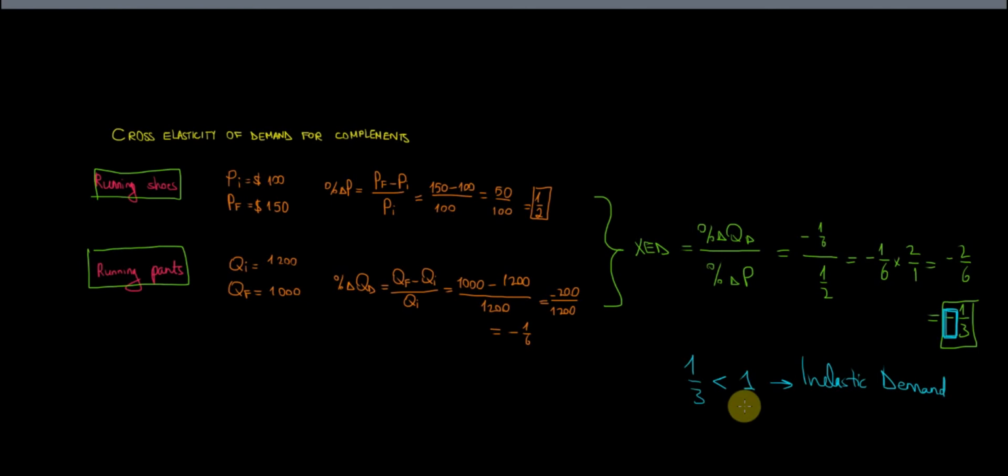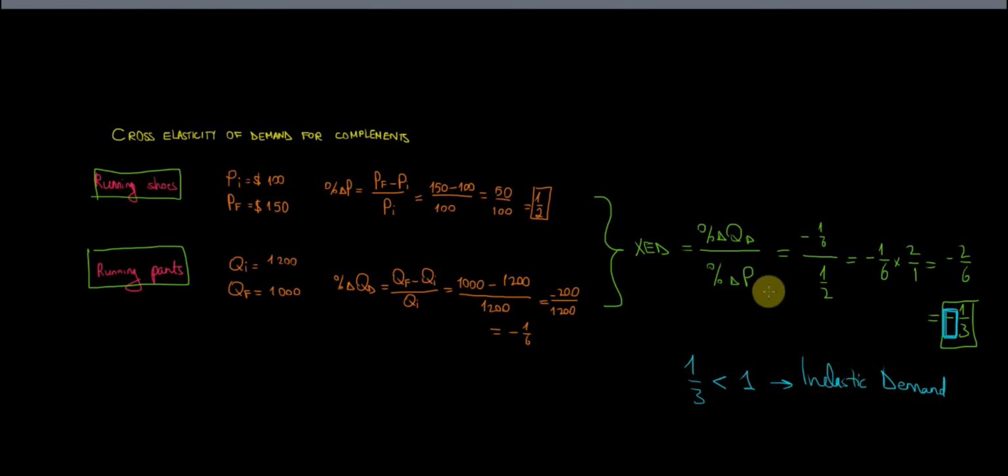So it's not like if you don't have running shoes you would never wear running pants. You can still wear running pants and you would still buy them to the extent that you want to buy them, even though you have less running shoes. So there would be an effect on the quantity demanded of these running pants, but it would not be that large. That's the criteria of an inelastic demand.